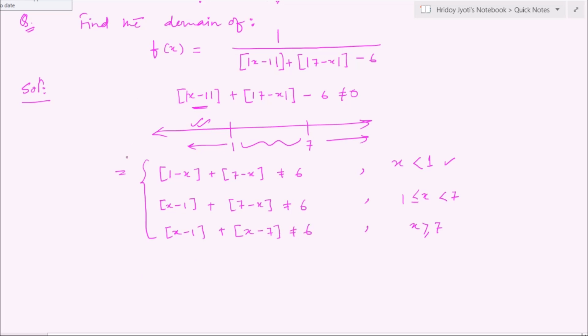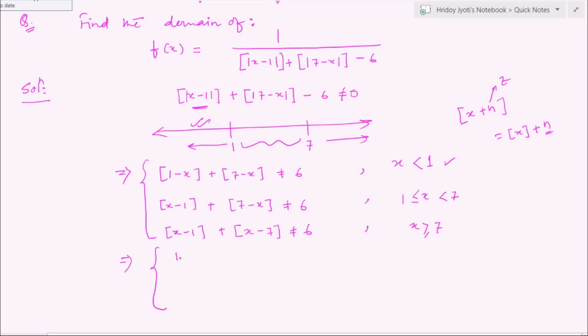Okay, so next from here, we have a property of the greatest integer function: GIF of x plus n, when n is an integer, we can write as GIF of x plus n. Again, that is what we are going to use here.